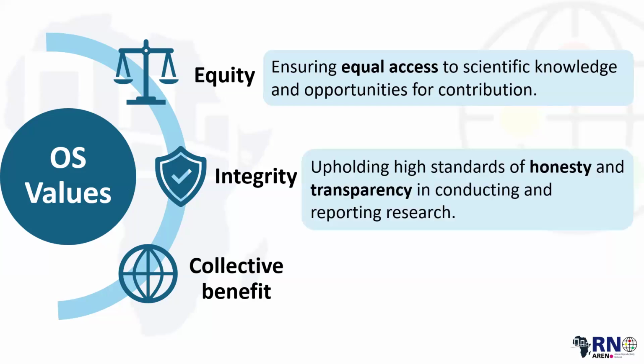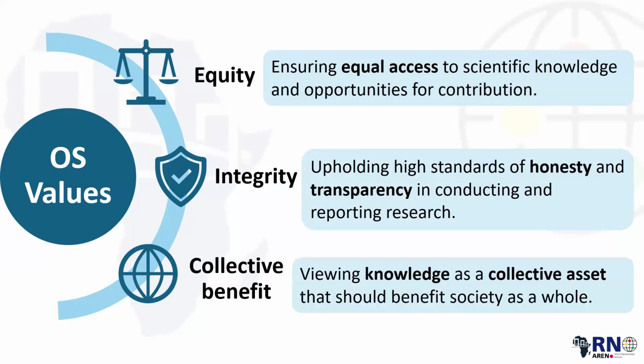The second value is integrity. And this is mainly that everyone should uphold high standards of honesty and transparency in conducting and reporting research. So again, as I said, transparency is something that comes up a lot when we talk about open science. Finally, the last of the open science values is the collective benefit.